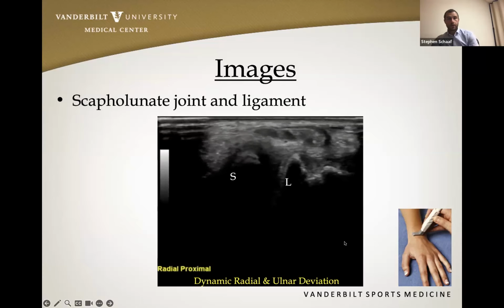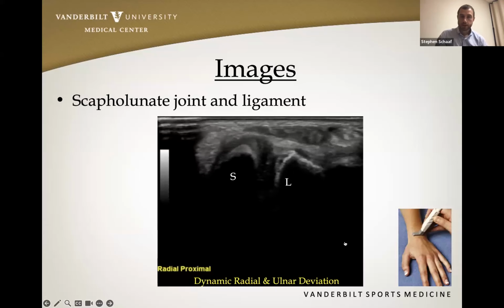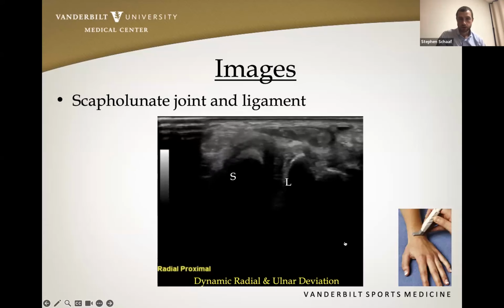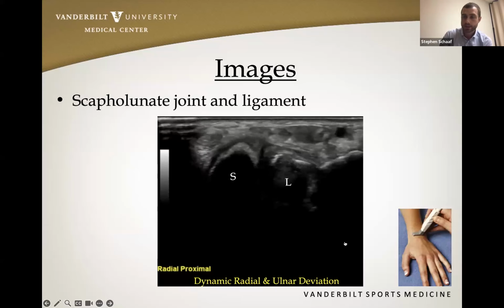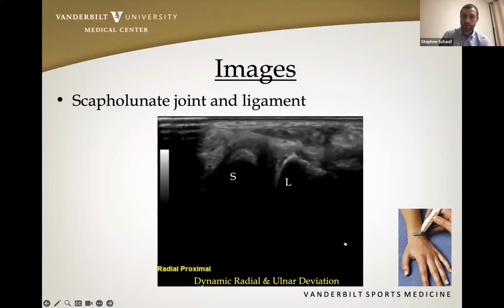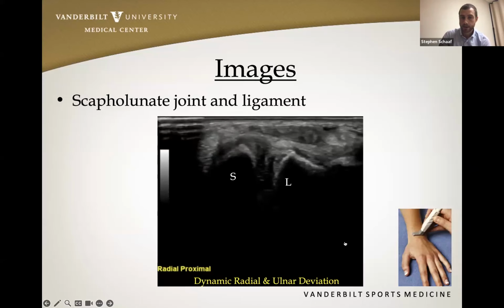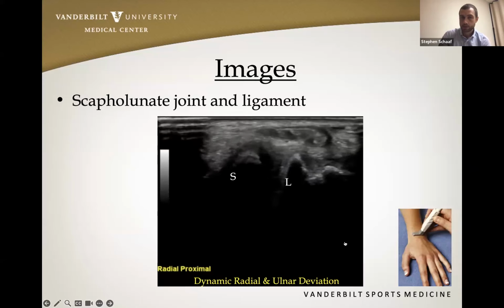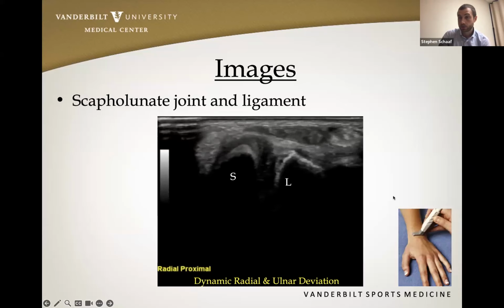And then lastly, but most importantly, as we had mentioned, the added advantage of ultrasound compared to other imaging modalities, especially X-ray as well as MRI, is that it allows us to evaluate this area dynamically. There have been a lot of maneuvers described to do this.